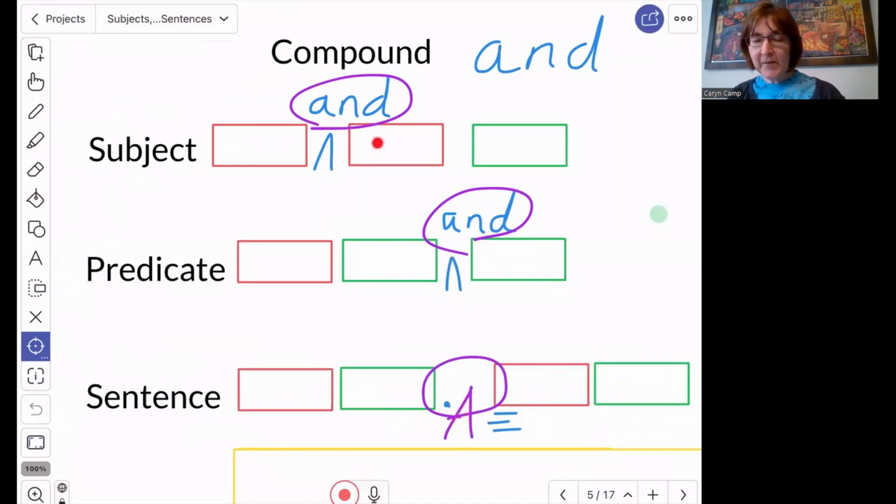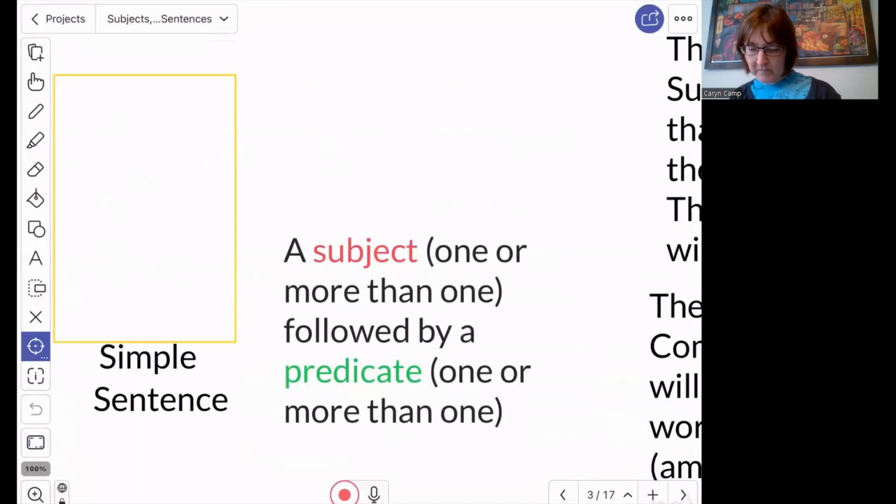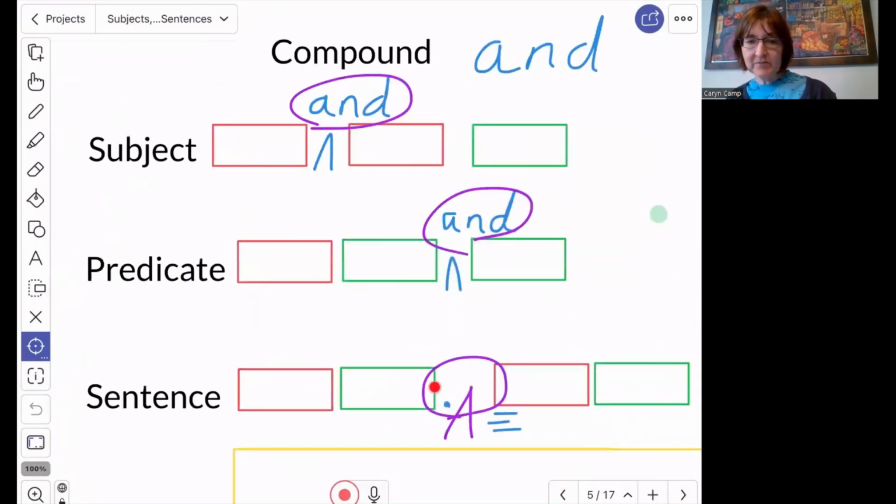Remember we said that a compound subject can have two red boxes and then a predicate. Compound predicate can have two green boxes with a subject. These are still simple sentences. Here we said a simple sentence can have one or more subjects and then one or more predicates. Okay, so if we're not seeing red, green, it's not a compound sentence.